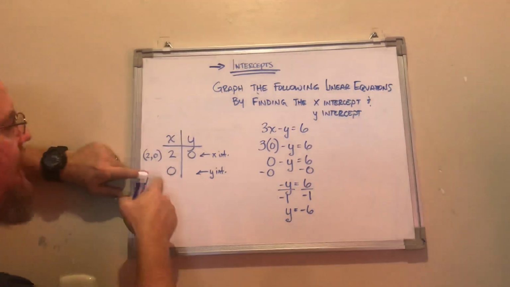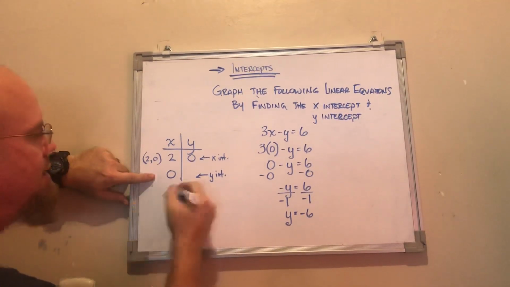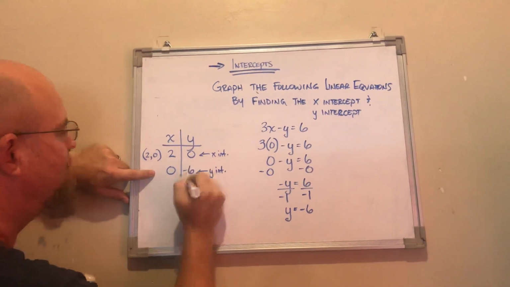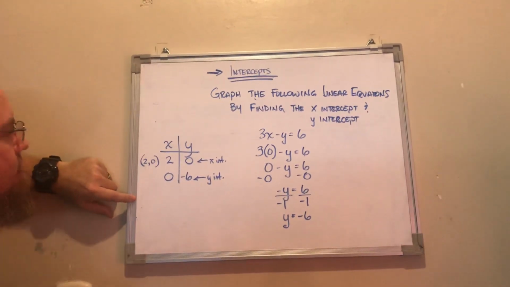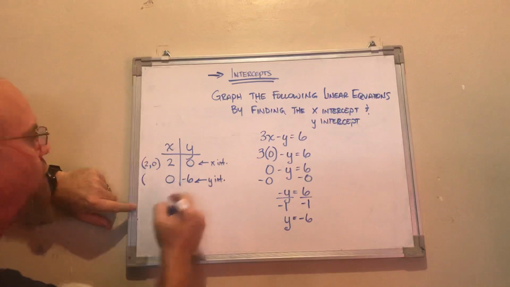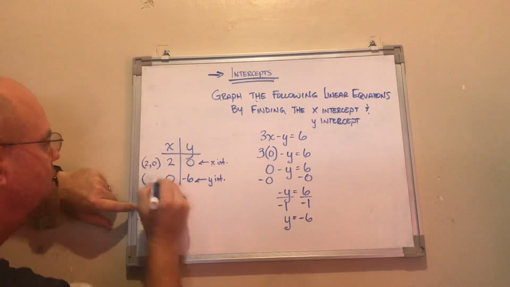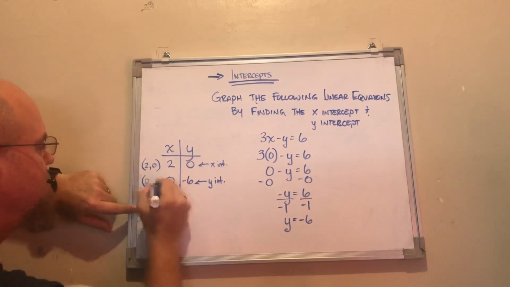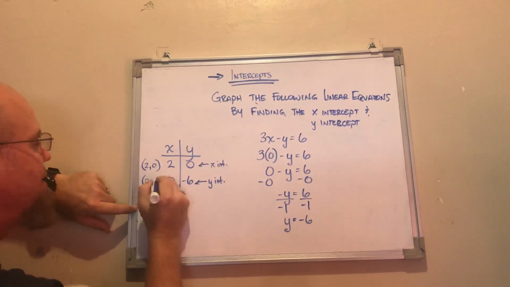So my y value for the y-intercept is -6. And so my point for the y-intercept is (0, -6).